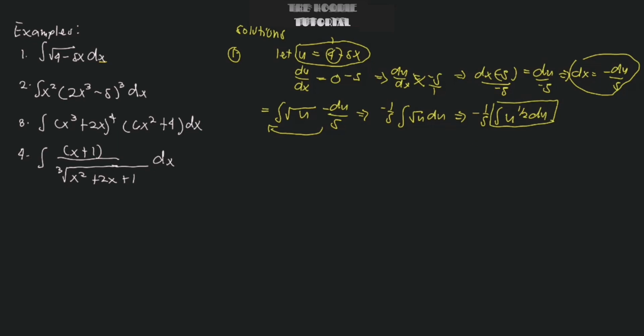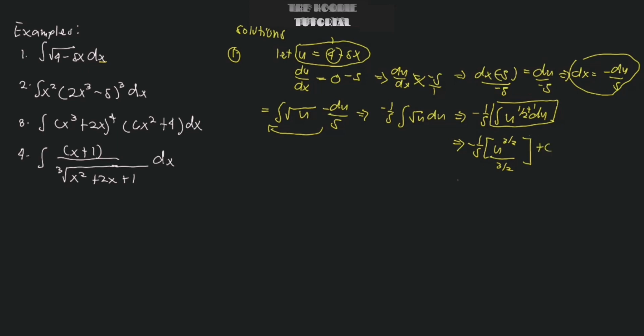So therefore that would become negative 1/5, and then u, since we have the exponent 1/2 right there, just add 1, that will become 3 over 2, and then all over 3 over 2, of course. And since we already integrated that one, let's put plus c.